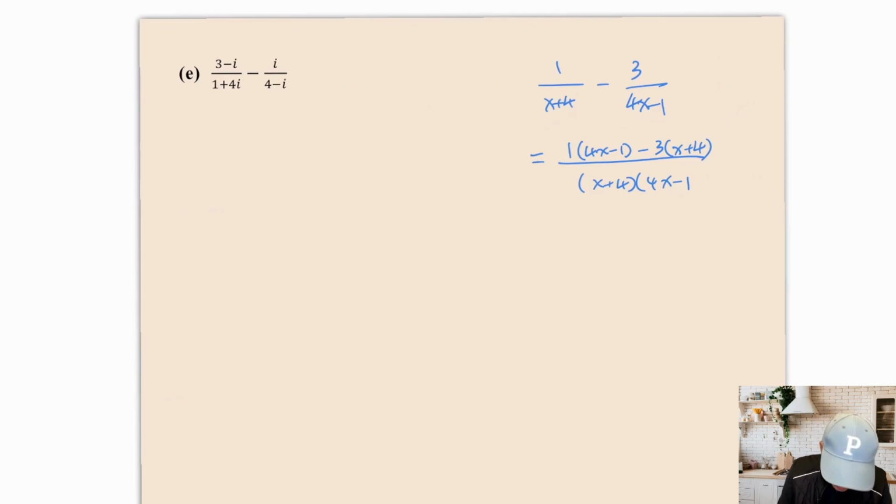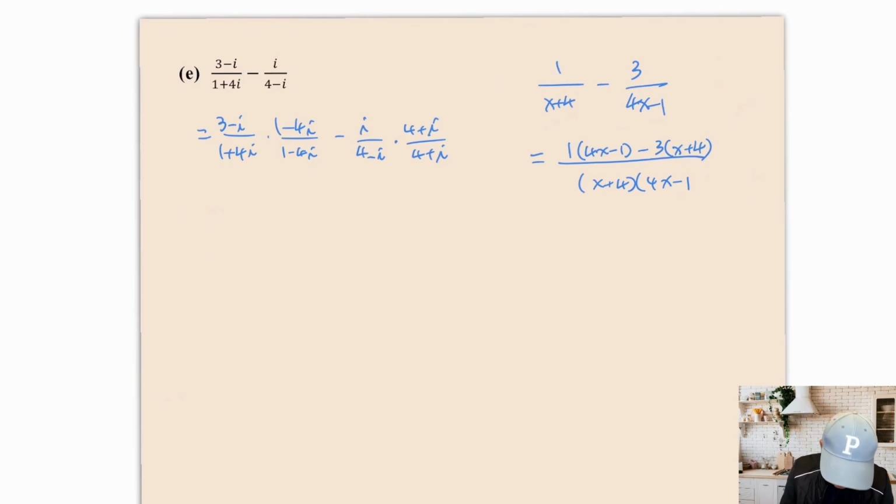Okay, so actually, how do we do that? 3 minus i over 1 plus 4i. We rationalize this complex number. So multiply by 1 minus 4i over 1 minus 4i. Okay, for the second complex number, 4 minus i, we multiply by 4 plus i over 4 plus i.